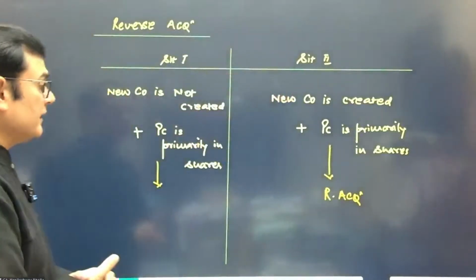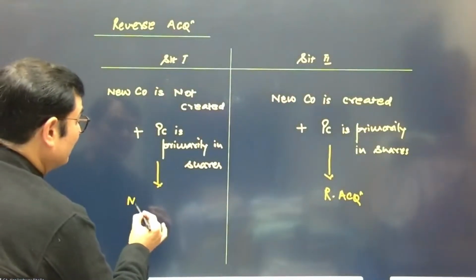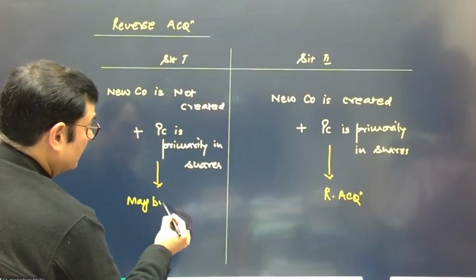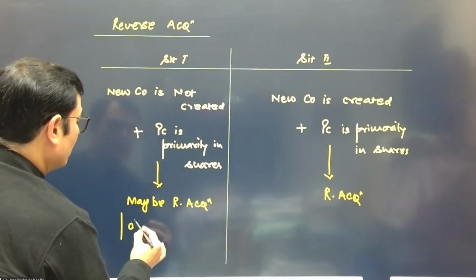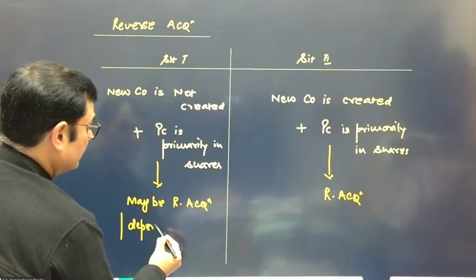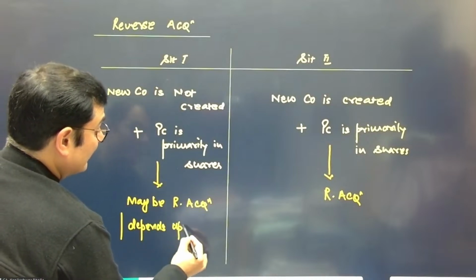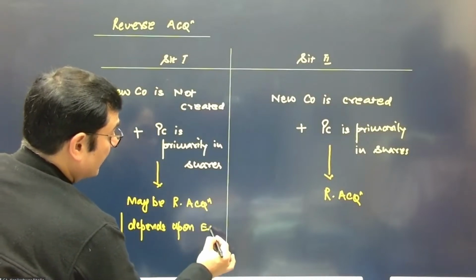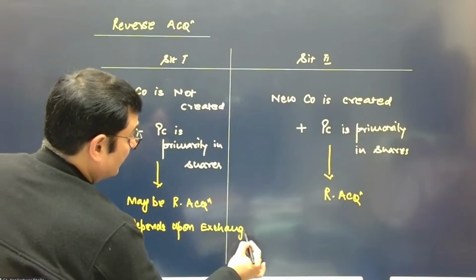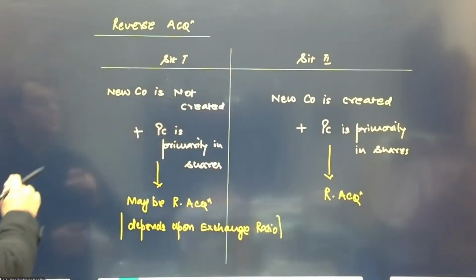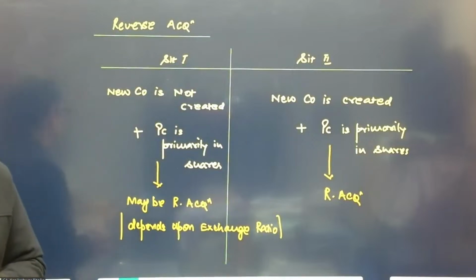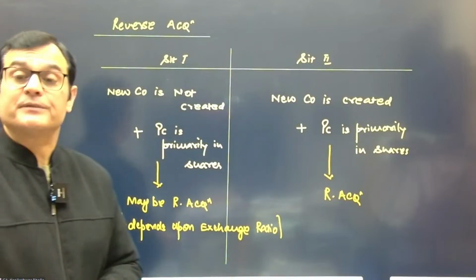So this is a case where it may be a reverse acquisition. Everything depends upon the exchange ratio: how many shares you are going to issue to the shareholders of the equity, and that would decide the fate.